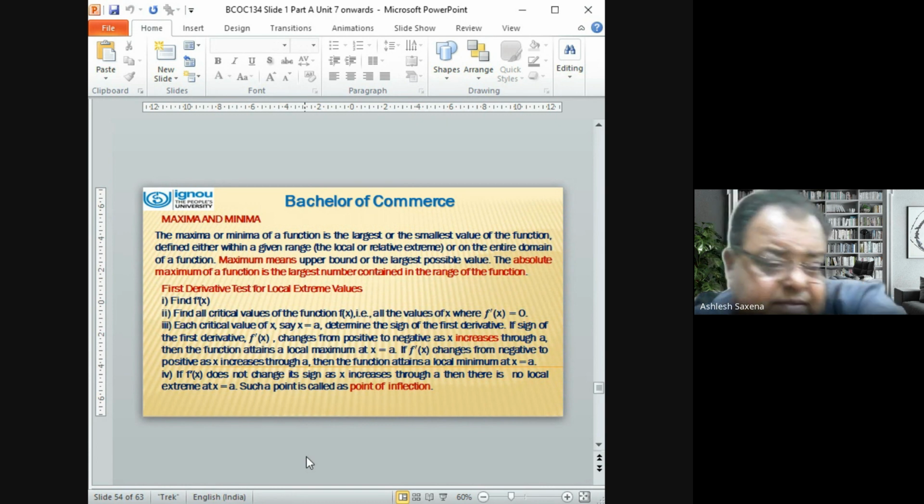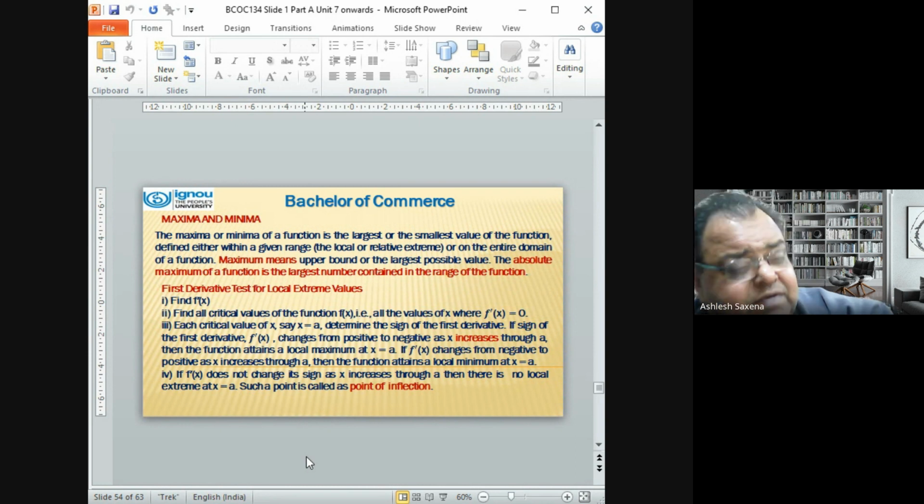Now, what is the method for finding local extreme values? First of all, find f dash. Second step is to find the critical value of a function, which can be found by putting f dash x equal to 0. Third step, for each critical value of x, say x is equal to a, determine the sign of the first derivative.